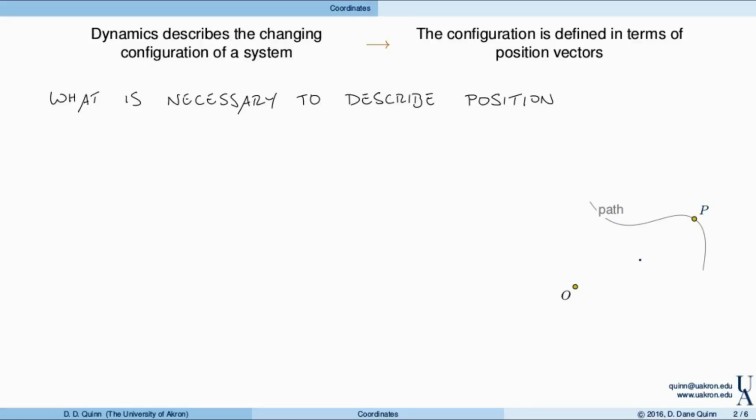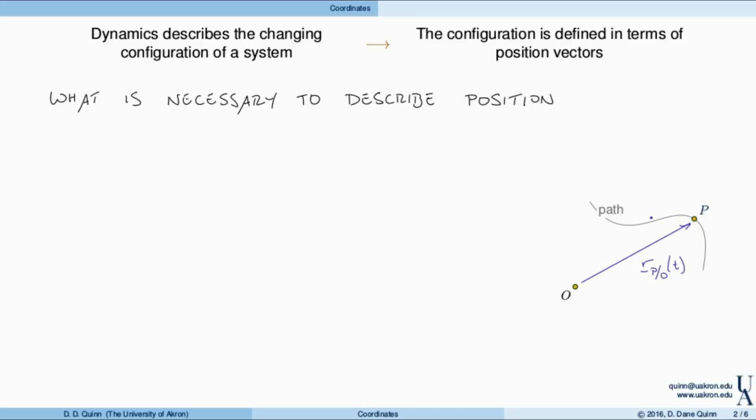So the position vector from O to P will change in time. Let's go ahead and construct and draw that position vector. We'll label this as R of P with respect to O. Again, that's the position of P with respect to O, and it's a function of time because this position vector changes as the point moves along the path.